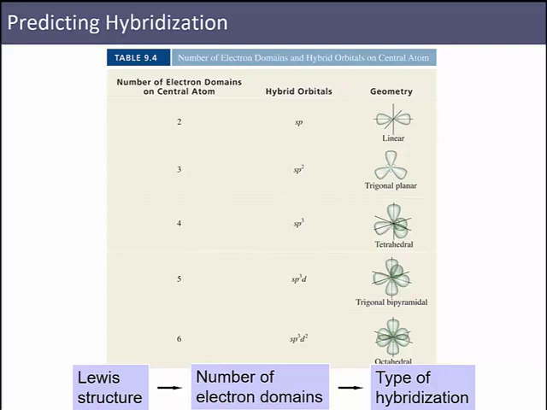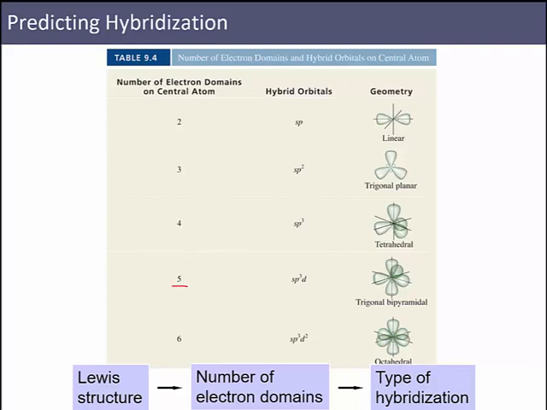So in order for you to get your VSEPR shapes, you have to do this hybridization on that central atom. Our trigonal planars are all going to be sp2. Our tetrahedrals are all going to be sp3. Our trigonal bipyramidals are all going to be sp3d.